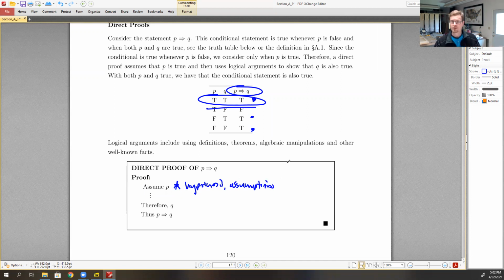When we assume those hypotheses, we then use some definitions, theorems, algebraic manipulations, well-known facts, whatever it is, to bring us from the premise or the hypothesis to the conclusion of the implication. And we say that, hey, this conclusion must be true. And when the hypothesis or premise is true and the conclusion is true, the implication is true. And that's all that we're trying to show here.